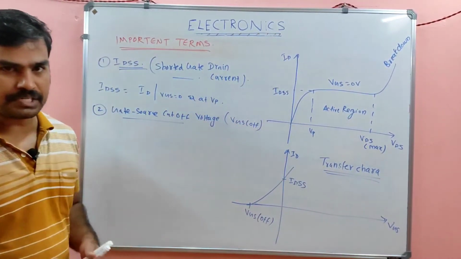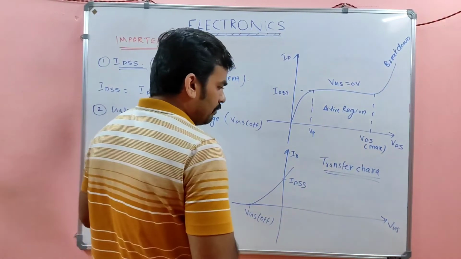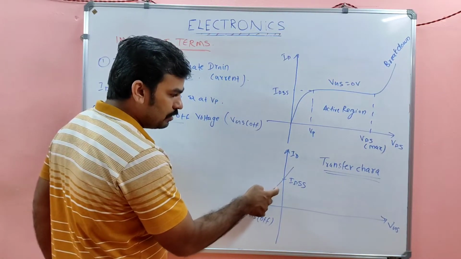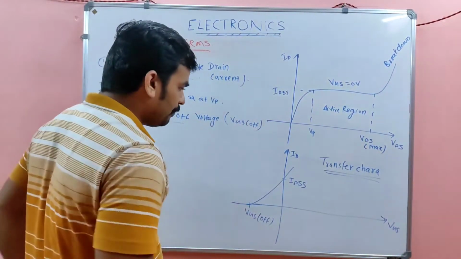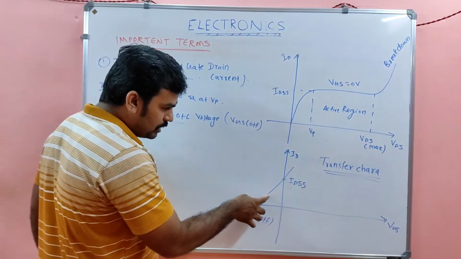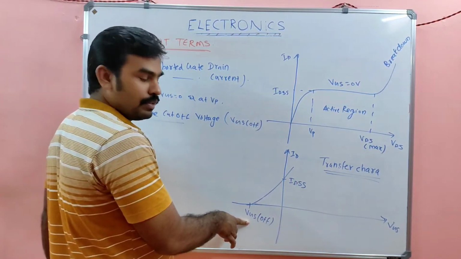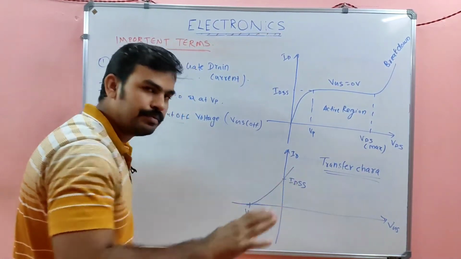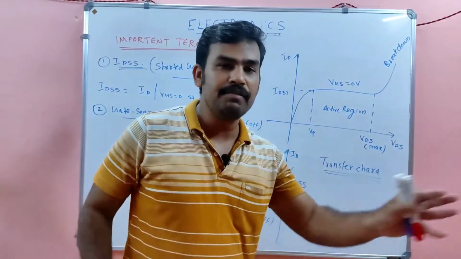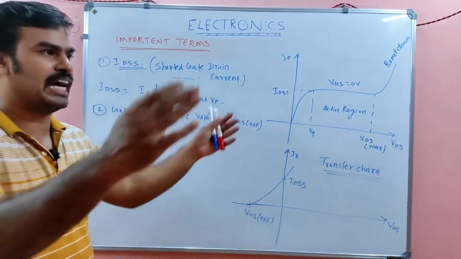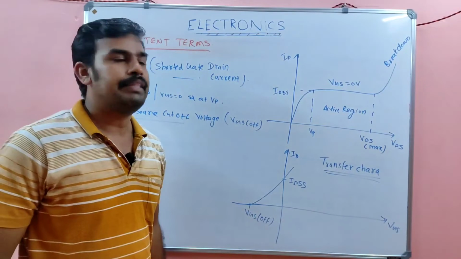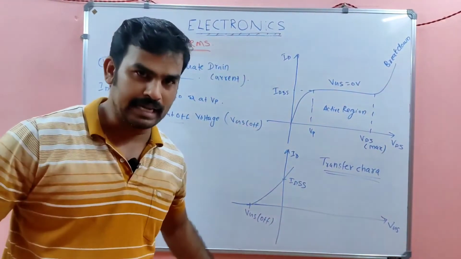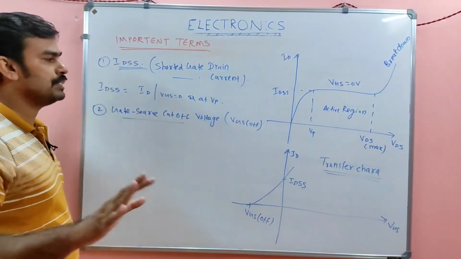Whenever we reverse bias VGS, the current reduces because the channel width is reduced. At a particular value of reverse biased VGS, called VGS(off), the current will be completely zero. The current stops, because the channel is permanently closed and there is no channel for conduction. That value of reverse biased VGS is called the gate to source cutoff voltage.